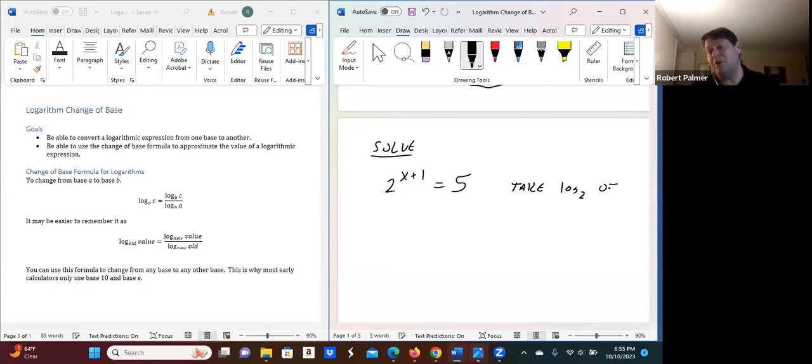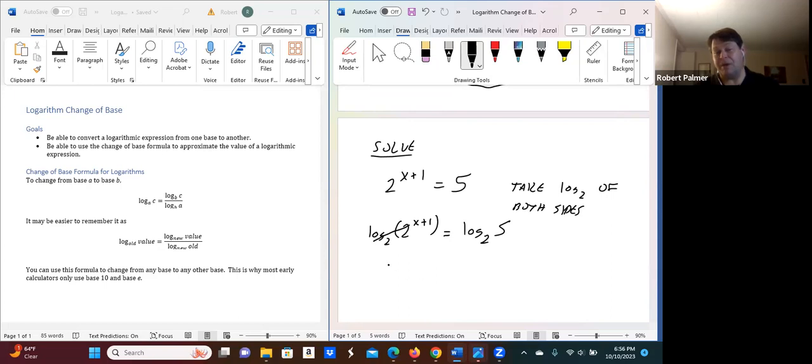Okay, so in this case, let's take log base 2 of both sides. This will get rid of the exponential. So log base 2 of 2 to the x plus 1 is equal to log base 2 of 5. Now, hope you remember that log base 2 and base 2 essentially cancel each other out.